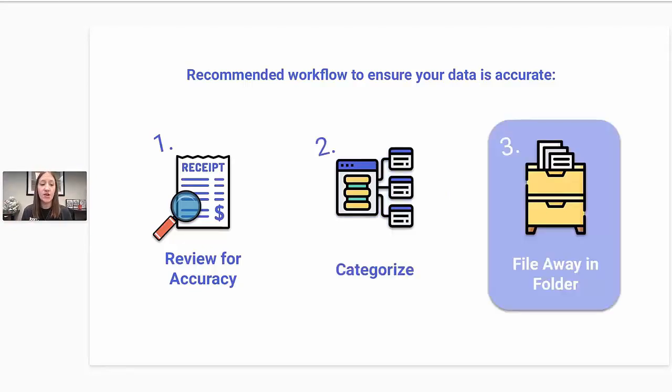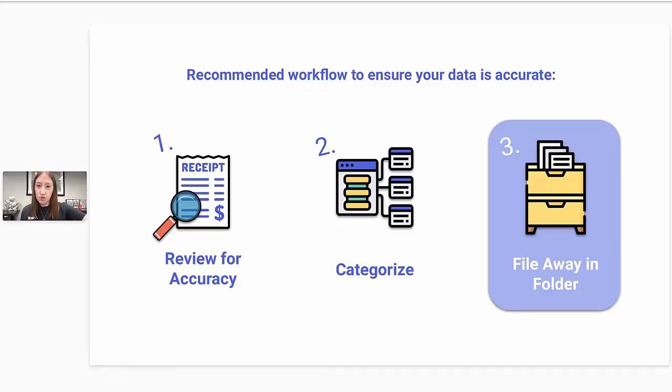And then lastly, you need to make sure that your file is in the right place within your file cabinet, in the right folder within your file cabinet. I know that seems really simple, but you would be surprised at how often our support team discovers that a customer has accidentally put their file in the wrong folder.